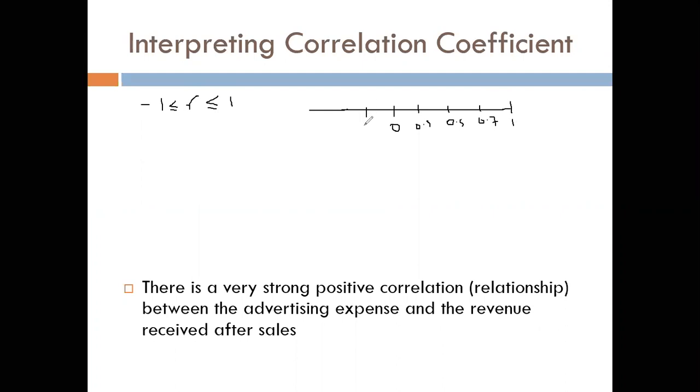Then similarly, you have on the other side, negative 0.3, negative 0.5, minus 0.7, and then we have negative 1 here.